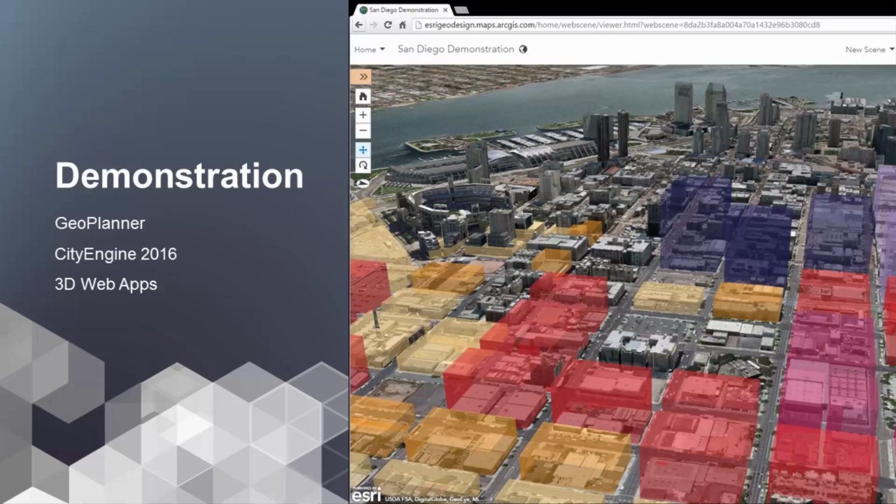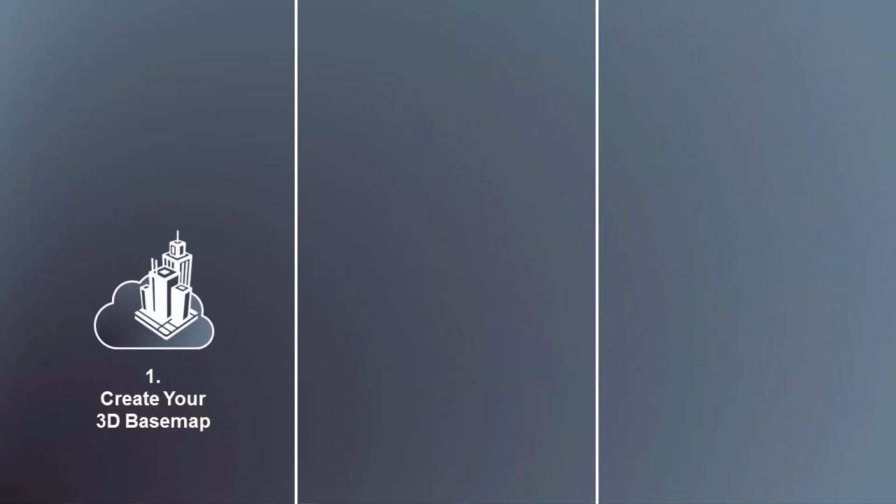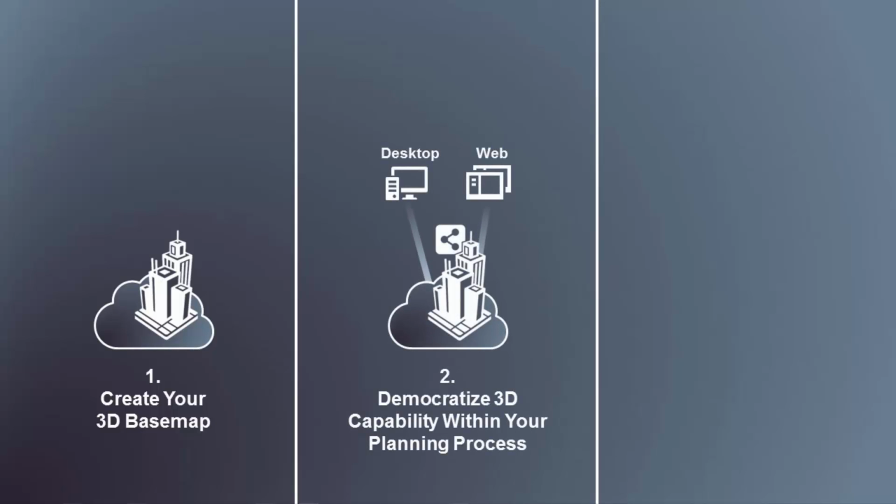Getting back, so in summary, how do you get started? First, you have to build out your 3D base map, and this is becoming easier and easier with many different data sources, and it's a matter of bringing together relevant information from a variety of sources. And second, democratize 3D capability within your planning process as it is today.